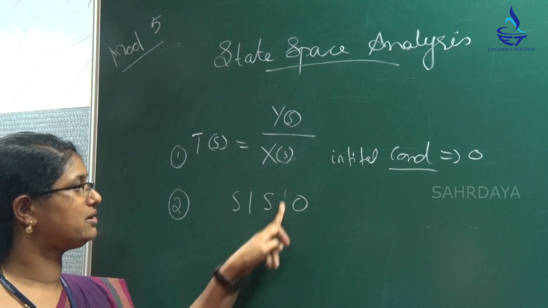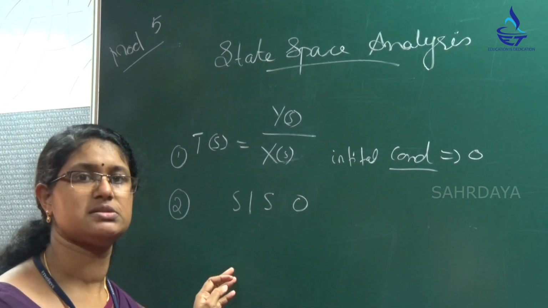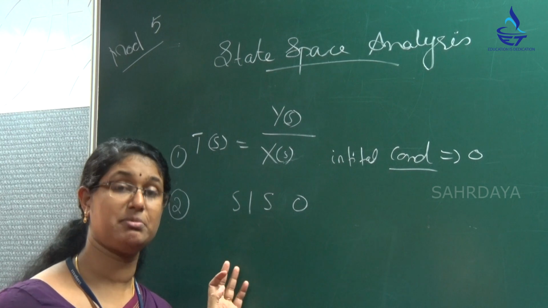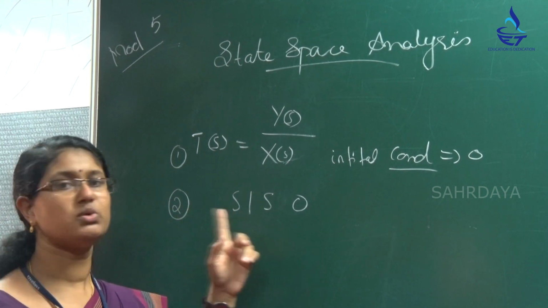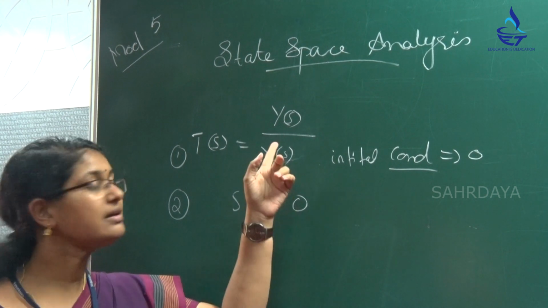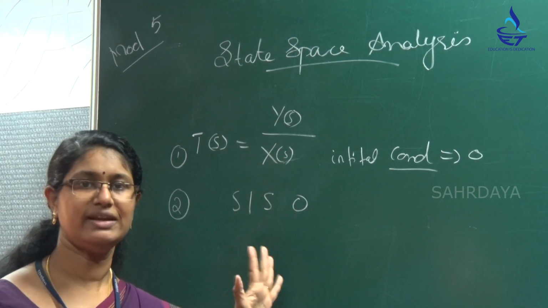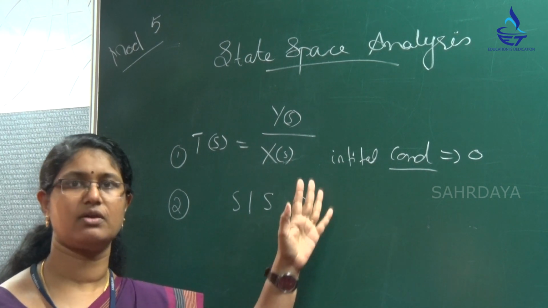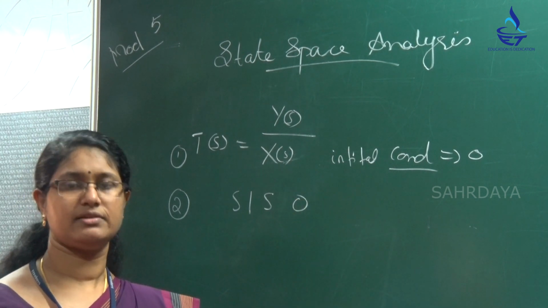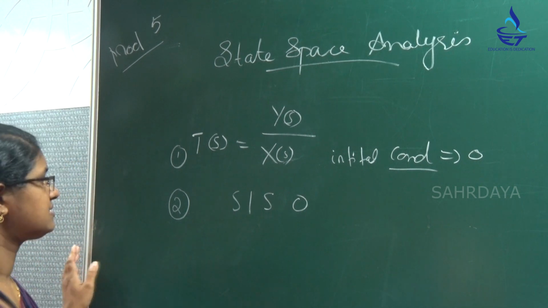There can be multiple inputs for a system and multiple outputs of interest. But the transfer function approach only deals with single inputs and single outputs. If there are multiple inputs and multiple outputs, we are not able to actually take care of the system. So that is the second disadvantage.